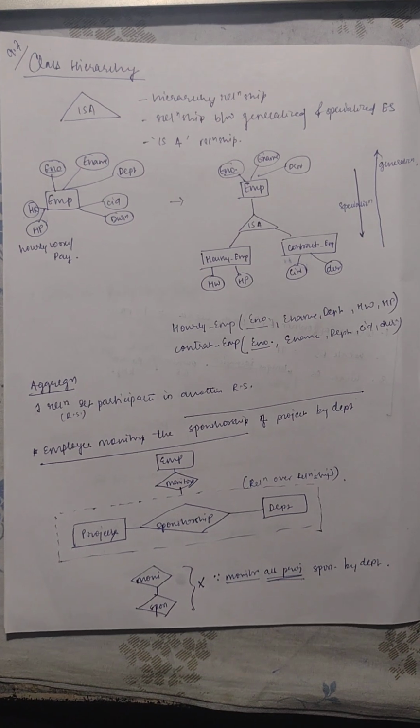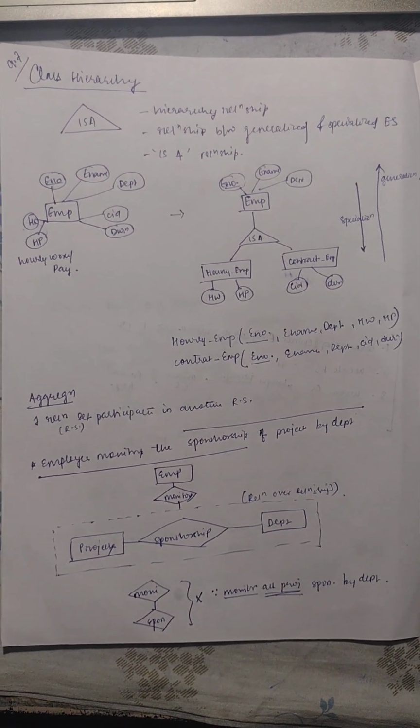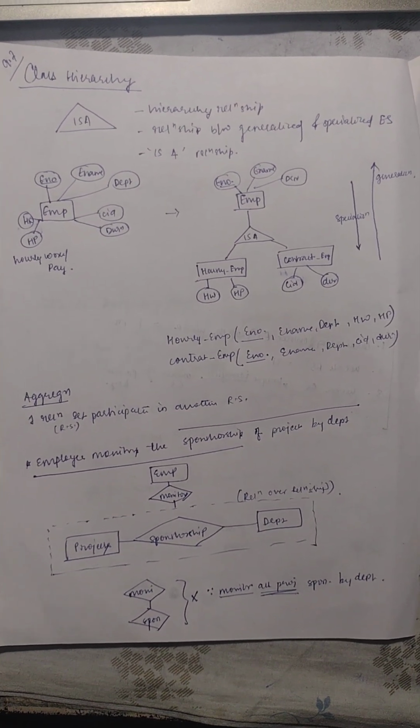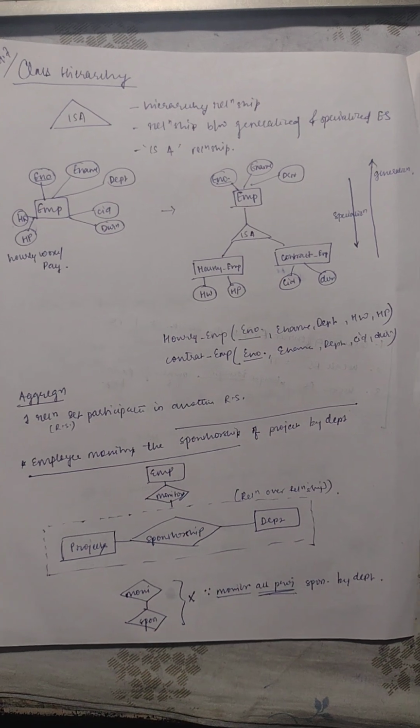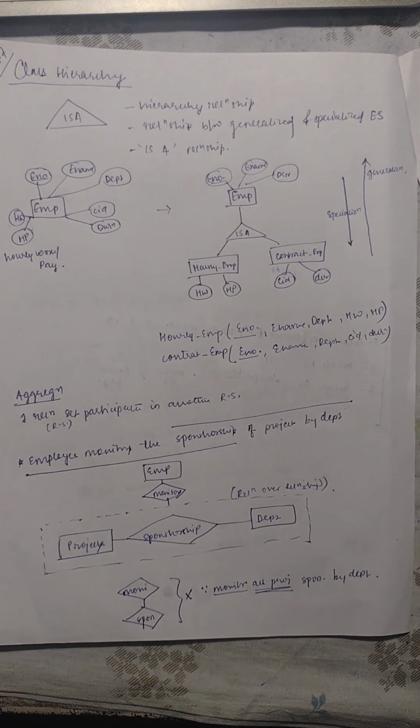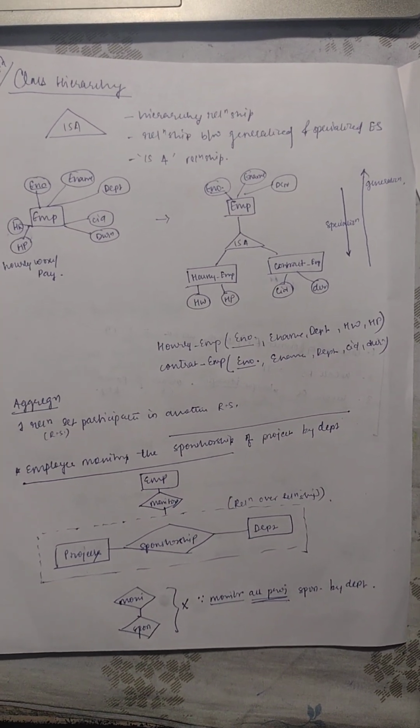So keeping this in view, there is a provision of an "is a" relationship, which is a hierarchy relationship, and it shows a relationship between the generalized and specialized entity sets.